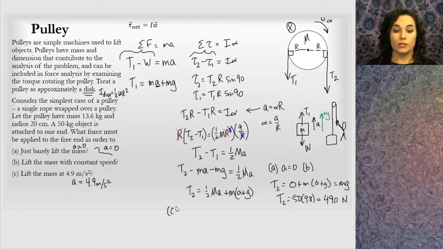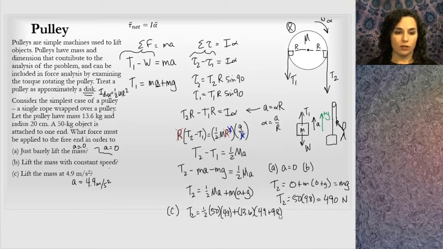Okay, so part C. We're going to note that acceleration is 4.9 meters per second squared. So I can take that and plug it in here. T2 equals 1/2 times big M, which is 50, times acceleration, 4.9, plus little m, which is 13.6, multiplied by A, 4.9, plus g, 9.8.